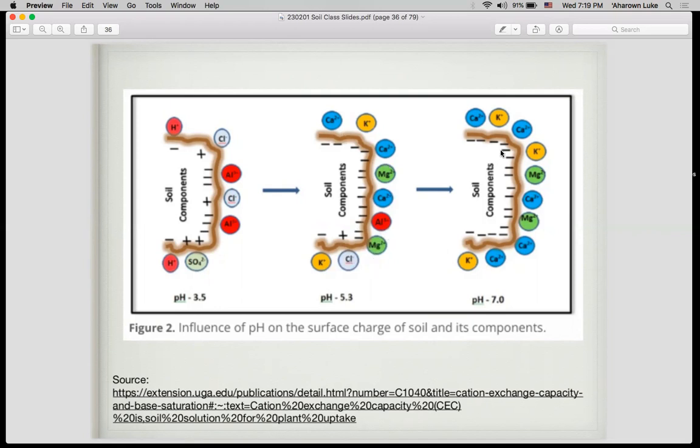So by the time you get over here, it's kind of like the pH that is most effective, 6 to 7. Then all of these are plant minerals, and there's a lot less hydrogen.